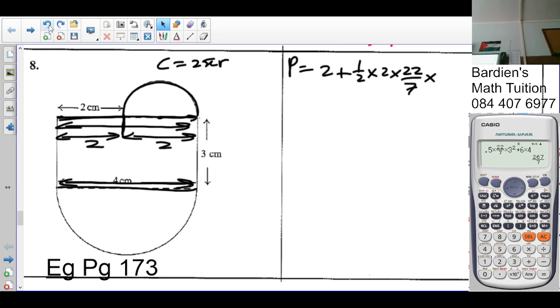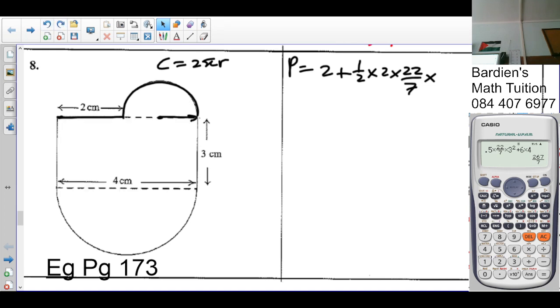Okay, so you've got the radius of 1 for that circle. So it's going to be 22 over 7 times 1 plus. Now we go down here. What is that length? 3 plus. But anyway, what is this length here?